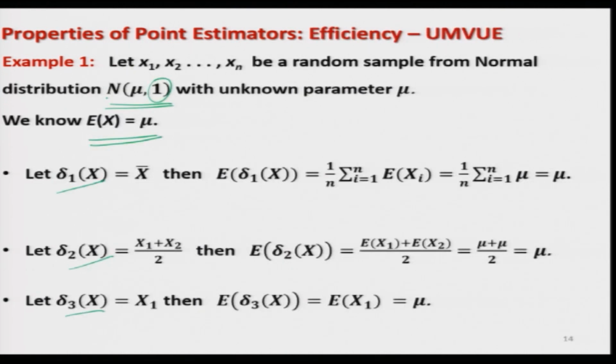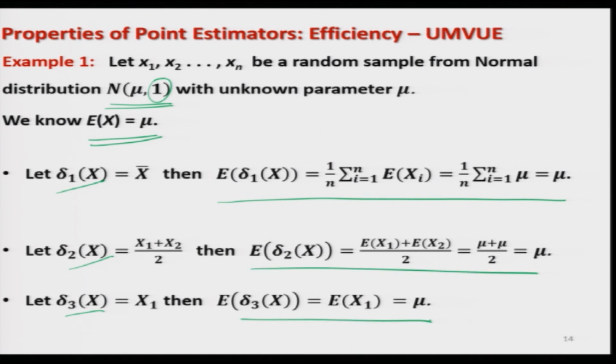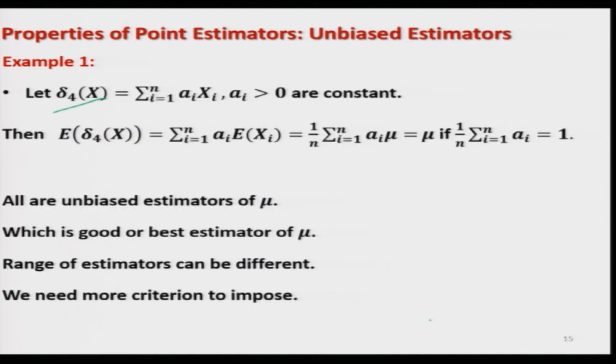We obtained the bias of all four estimators, and we showed in the earlier lecture that all these estimators are unbiased estimators of the population mean. So, I am not repeating that algebra.